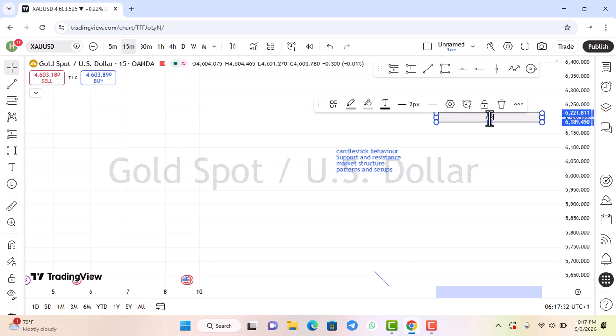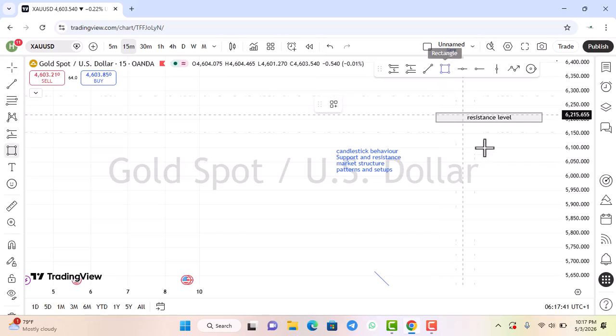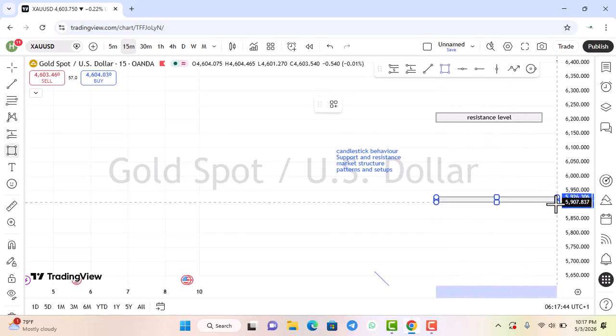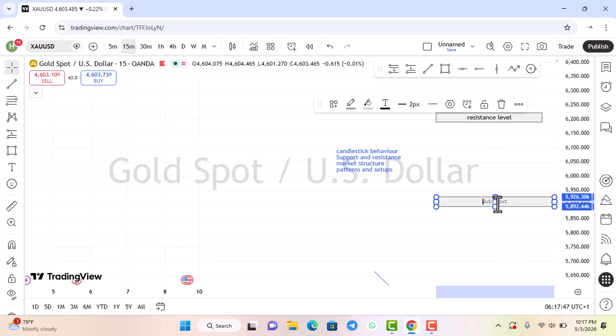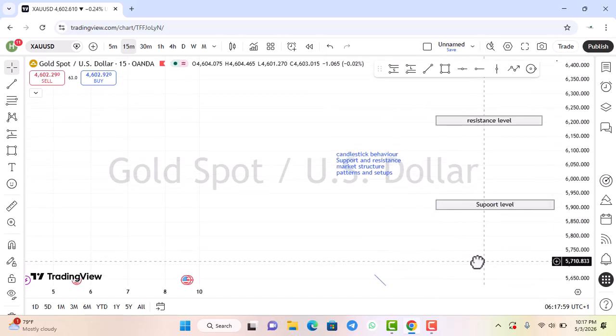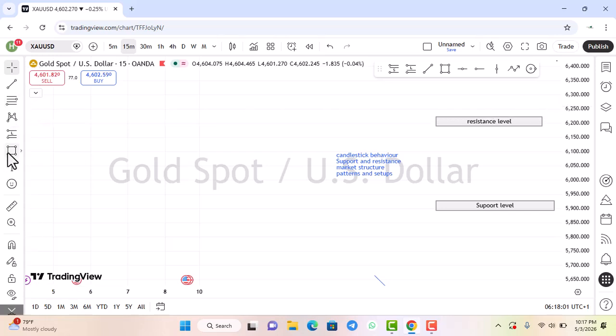This is our resistance level, right? And this is our support level. Okay, now when we have price moving from down to up, that is price move from support level to resistance level.